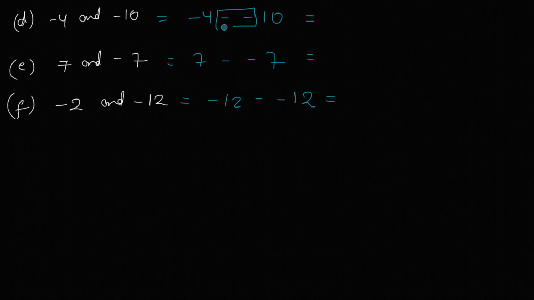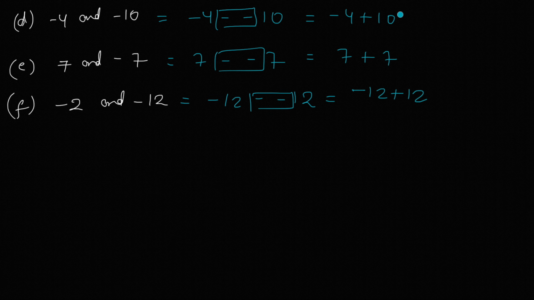Now negative negative is positive. So we're going to write -4 plus 10. Here also negative negative is positive. So we're going to write 7 plus 7. Negative negative is positive. So we're going to write -12 plus 12.